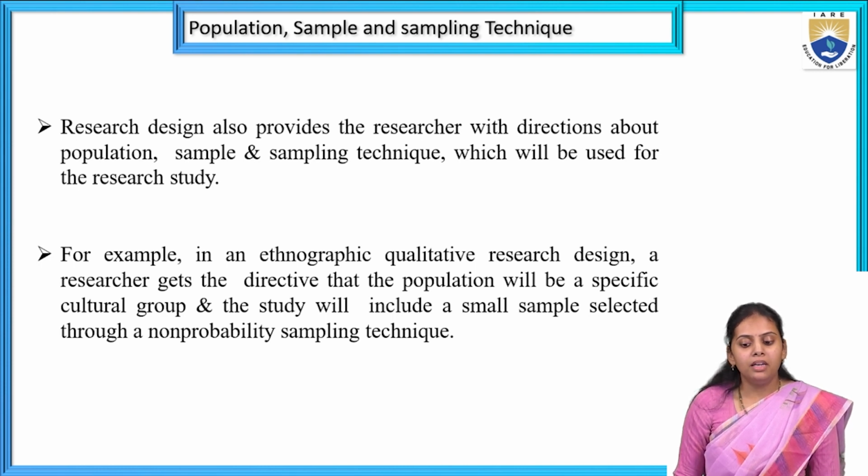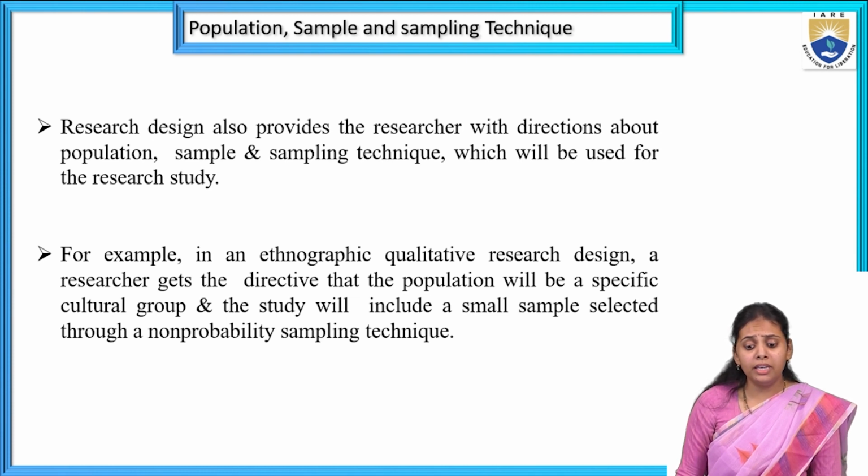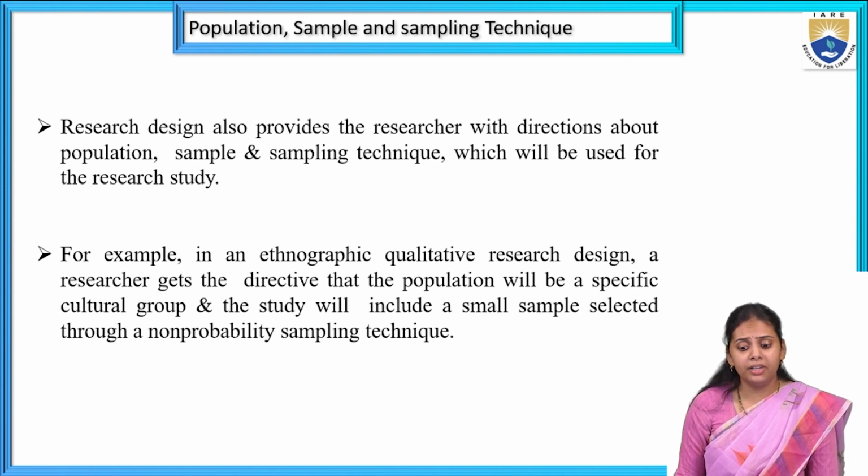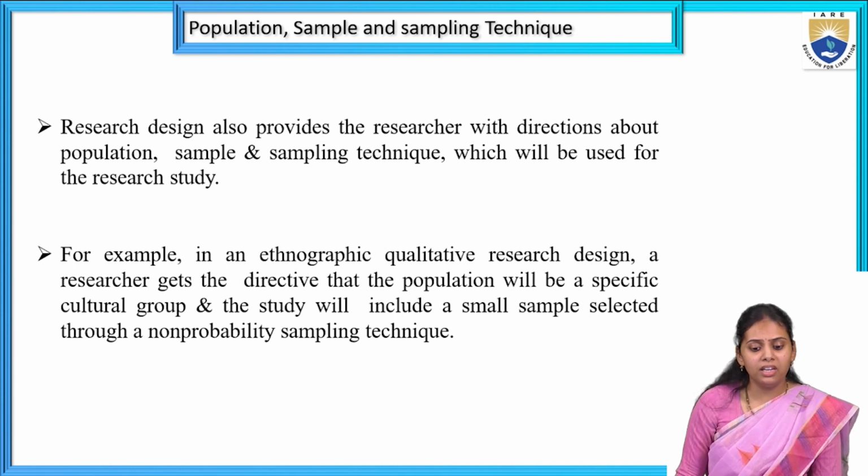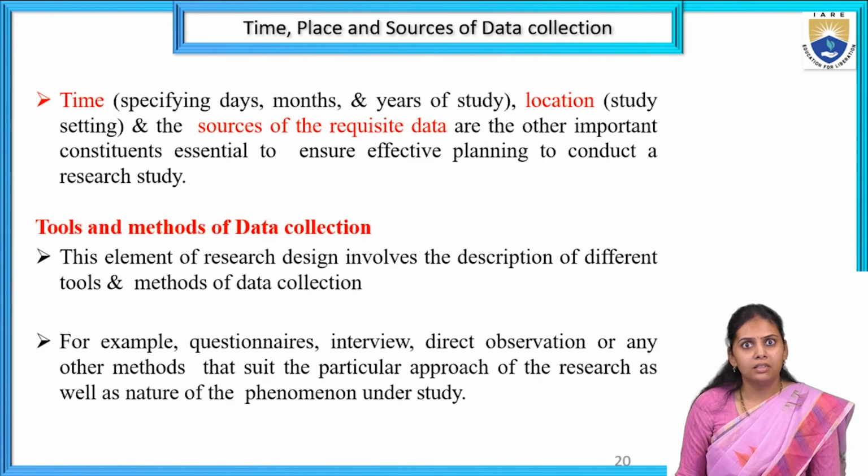For example, in an ethnographic qualitative research design, a researcher gets the directive that the population will be a specific cultural group and the study will include a small sample selected through a non-probability sampling technique.